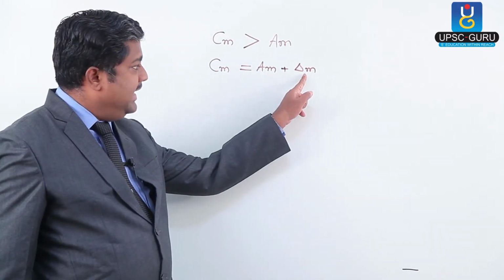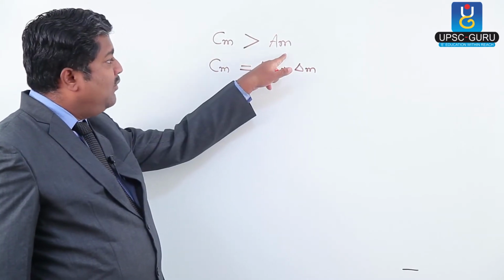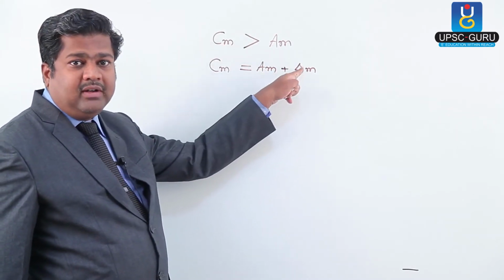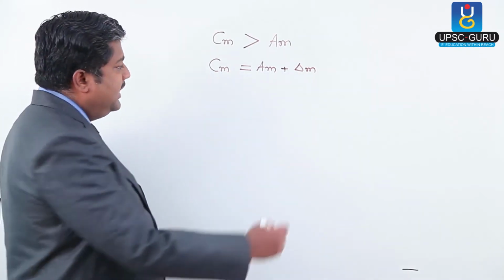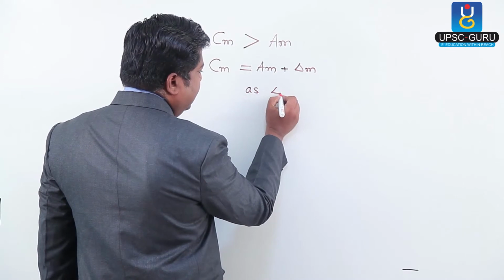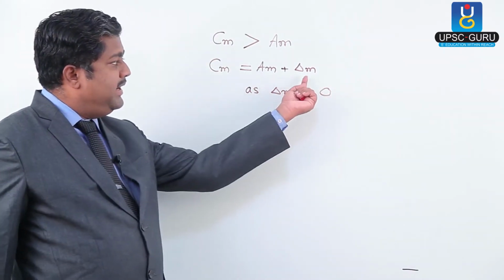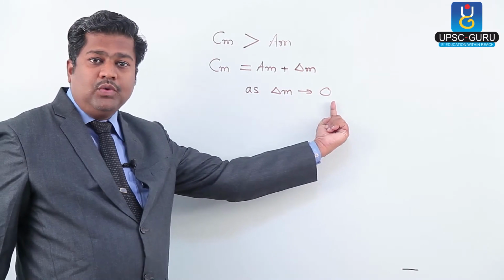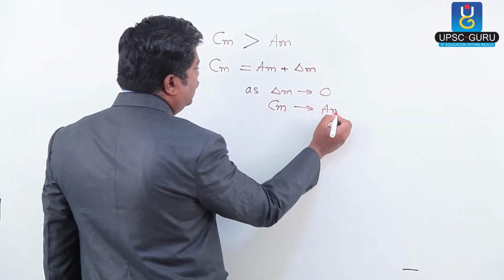Suppose that figure is added, then only these two sides can be equated. So this is somewhat lesser than this. Whatever that lesser amount is, we are adding here, in mathematical language I may say delta M tends to 0. The moment it is going close to 0, the calculated mass will tend to the actual mass.